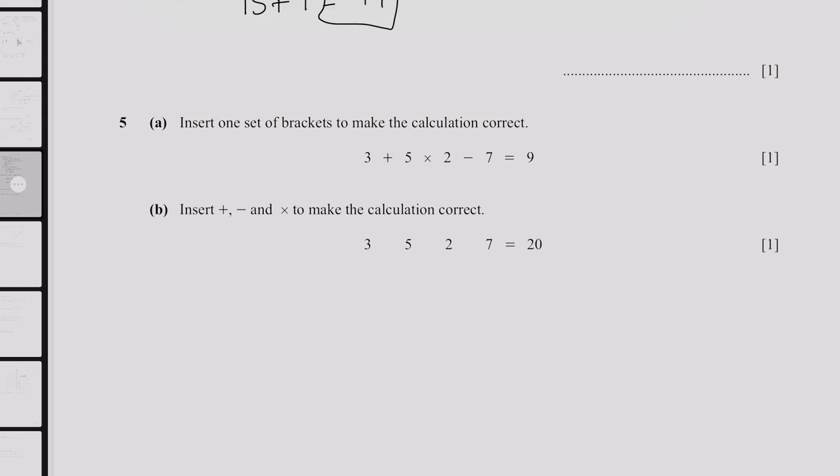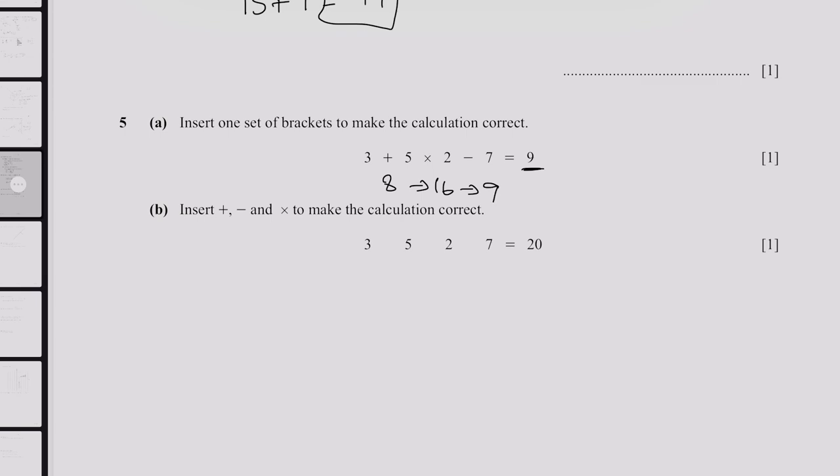So insert one set of brackets to make the calculation correct. Basically, I have to get 9 over here. Just by doing mental mathematics, if I add 3 plus 5 it becomes 8, and I multiply it by 2, this becomes 16, and 16 minus 7 will become 9.